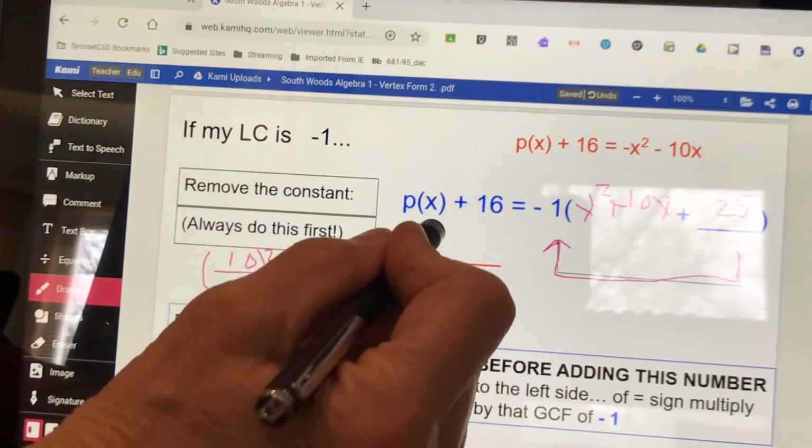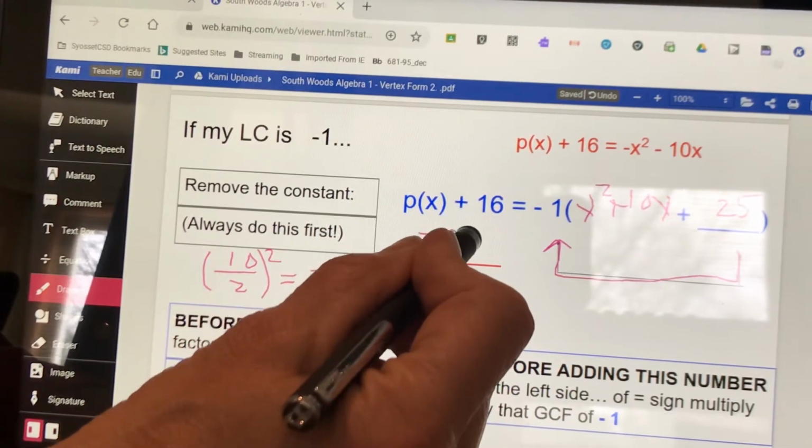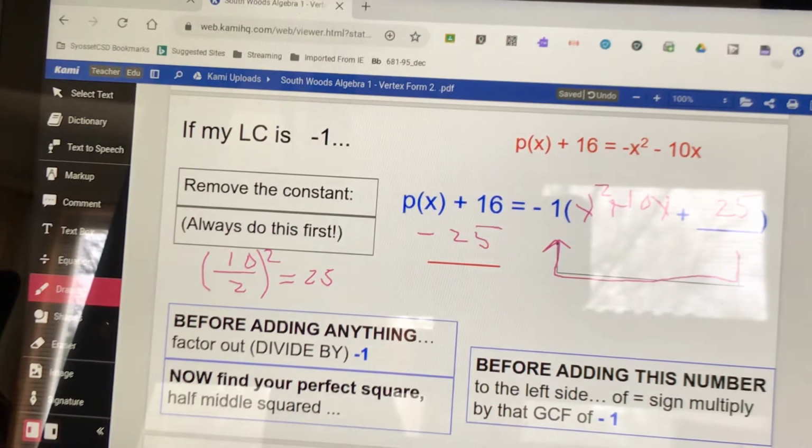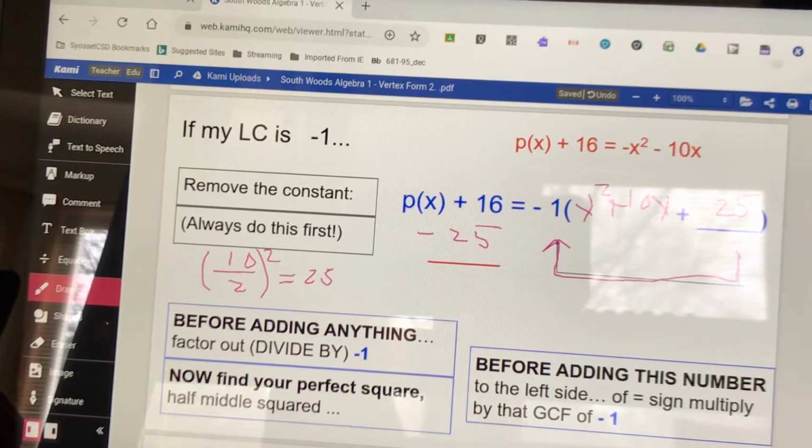So on the other side, you're really adding -25. All right? So two things to worry about. First of all, you can't add the blank right away without factoring out the lead coefficient, in this case -1. Secondly, you can't add your perfect square to the left side of the equation until you've multiplied it to the GCF, which is in front of the parentheses.